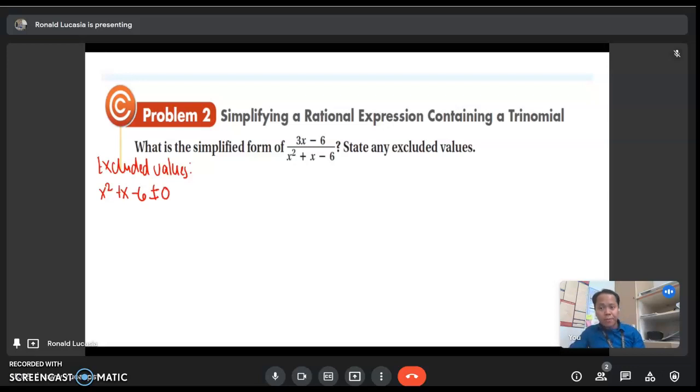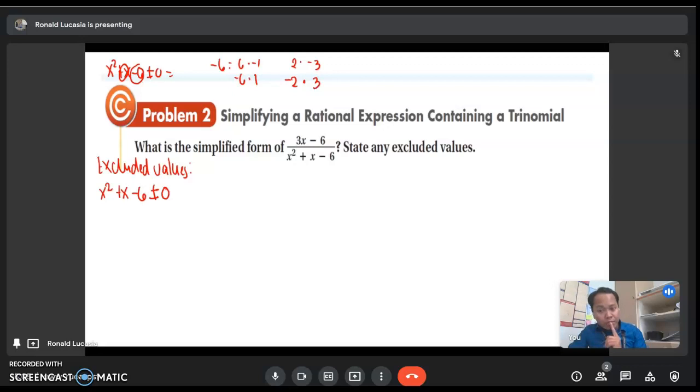be equal to 0. So technically, for the factors of this, you have to think of factors of negative 6 that will give you a sum of 1. So factors of negative 6, we have 6 and negative 1, negative 6 and 1, 2 and negative 3, negative 2 and 3.